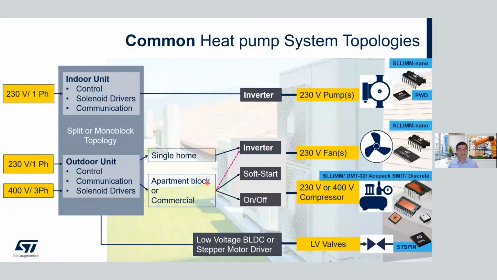So that also calls for different kinds of starting methods of the high power motors, especially if you have really large applications. Today a traditional direct online, on-off function of the outdoor units, of the compressors or fans, is still very present, or soft start is also coming.